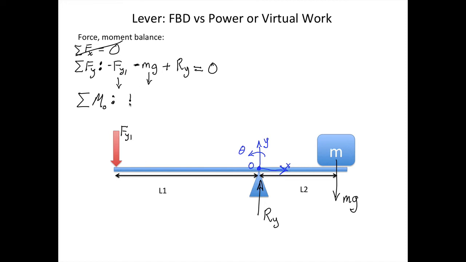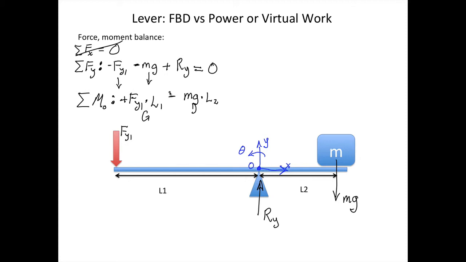So we'll have Fy1 times L1, and it's going anti-clockwise, so I give it a positive. What else do we have? We have the torque from the weight. So we have mg, multiplied by L2, and it's going the other way, so it gets a minus.